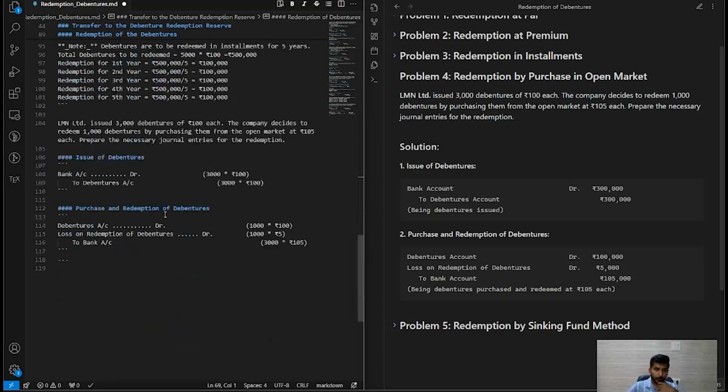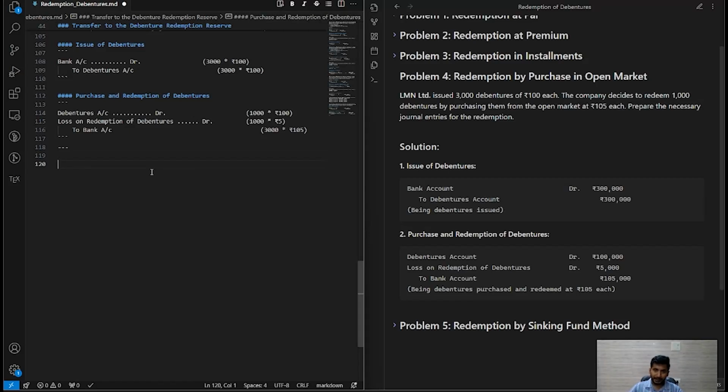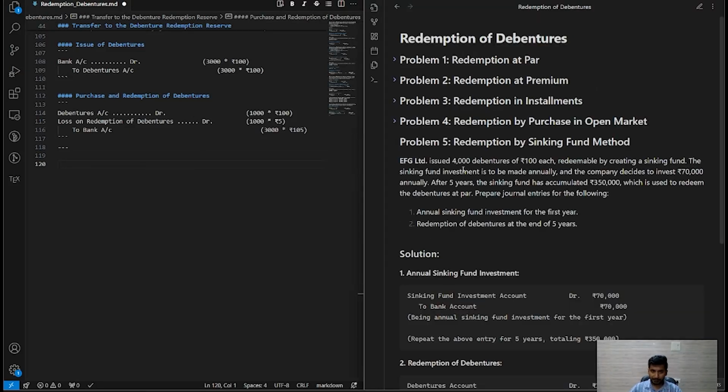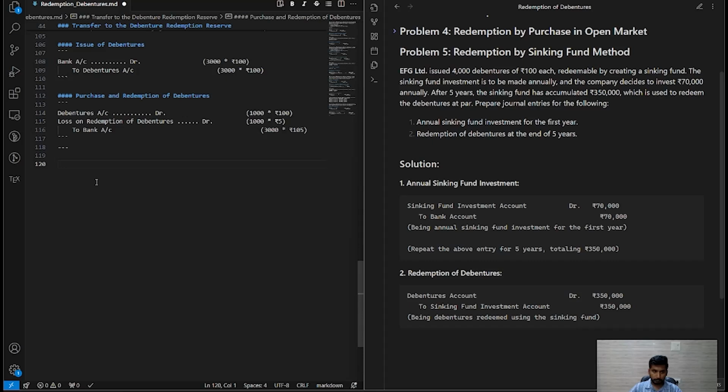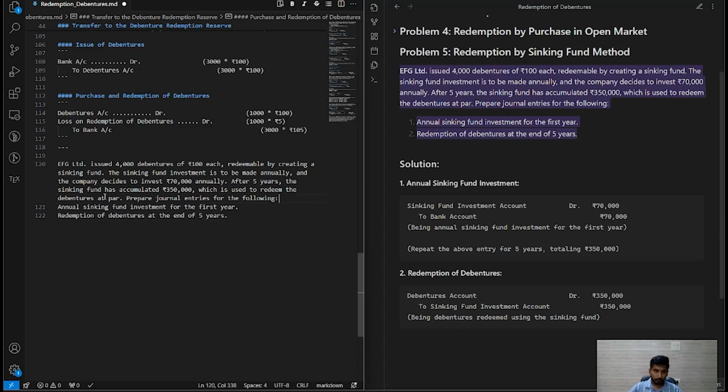Now let us move towards the last case, which is the sinking fund. Let us take the problem first. PFG Limited issued 4,000 debentures of rupees 100 each, redeemable by creating a sinking fund.